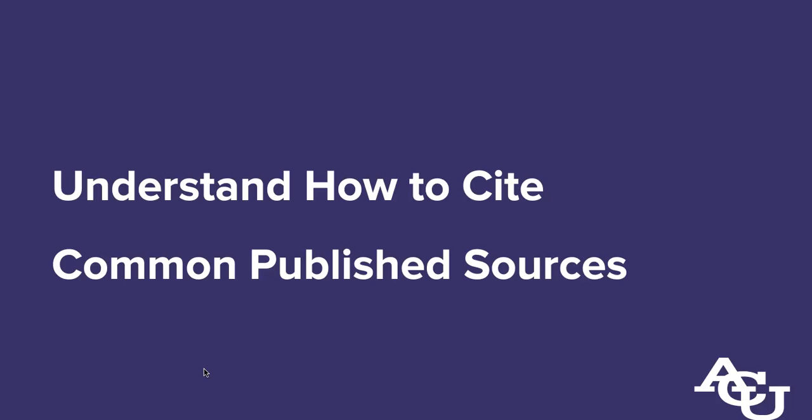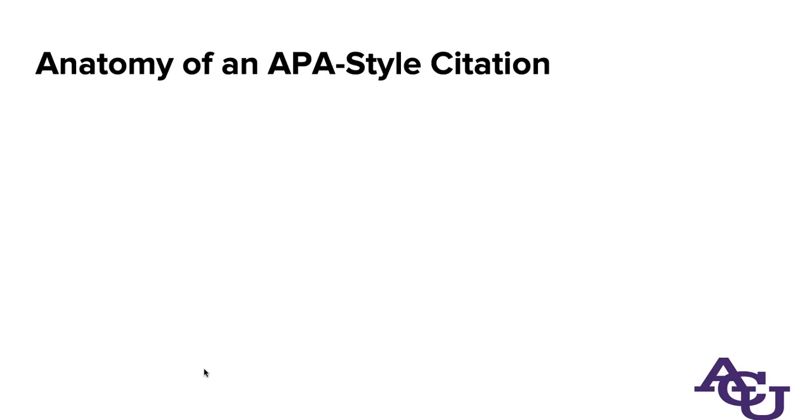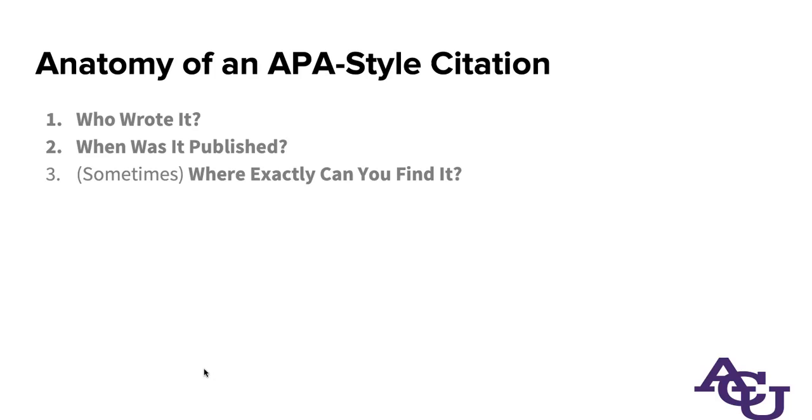Let's delve into the first one. An APA-style citation has a couple elements in it. First off, who wrote it: the name of the author or authors, but just the last name. When was it published? This will be the year, and that's a way of quickly seeing how current this information is.